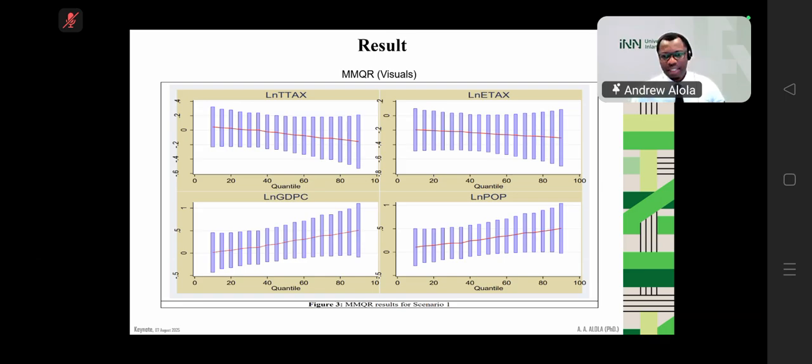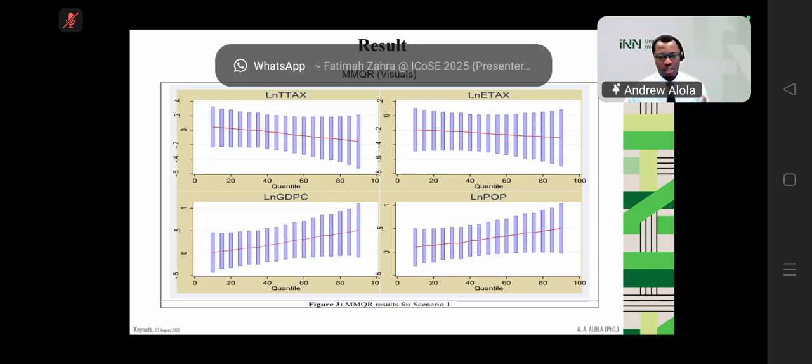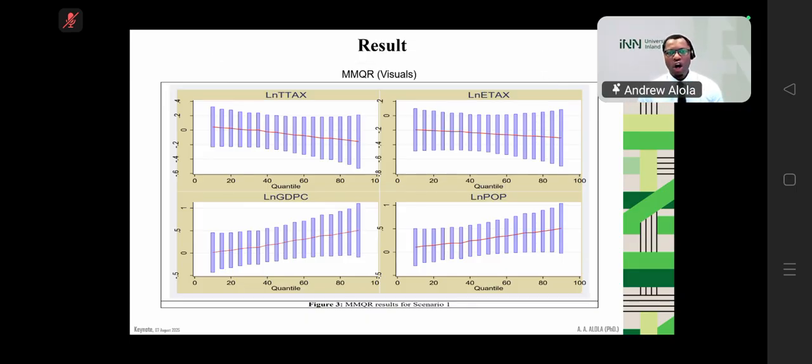So there is no significant impact. When you look at the top right corner, which is the energy tax, you see more of a trend going down than up, which is just to show the negative impact of energy tax on greenhouse gas from the transport sector.